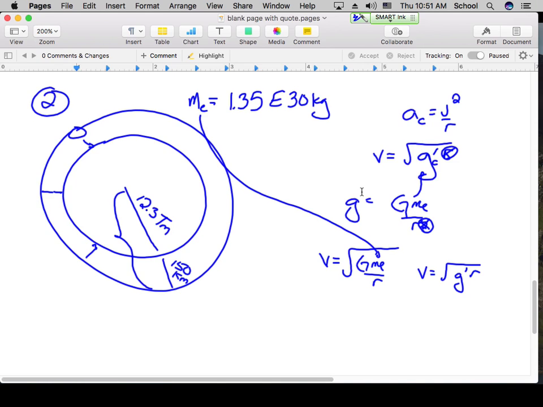The thing that needs to be in here, we'll figure out in just a second. V has to equal the square root of big G. Big G, of course, is 6.67 exponent negative 11. And then the mass. The mass is in kilograms. The unit for big G is Newton meters squared over kilograms squared.